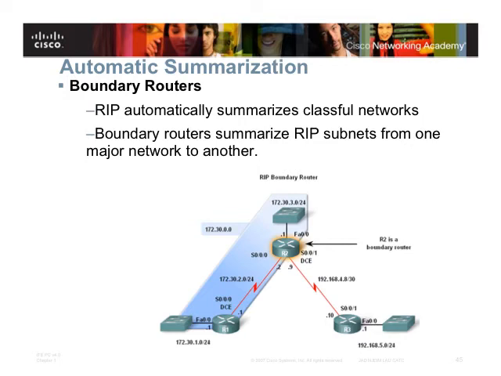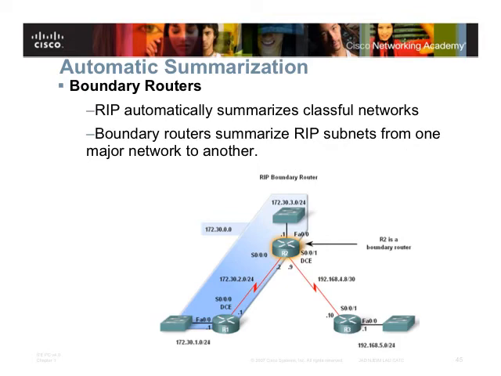So we try to group multiple entries into one entry. But in order for us to do that, we have to designate what we call a boundary router. And a boundary router is the router which is used to summarize all these entries into one entry and send it to the rest of the network.